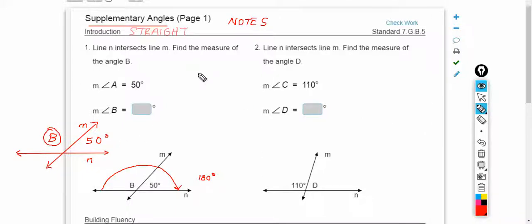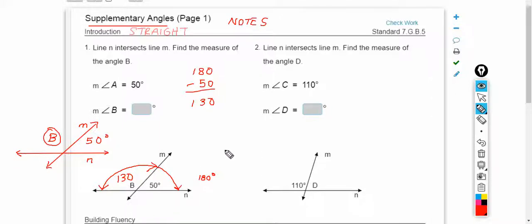Alright, so if we want to know how much this angle is right here, what we would do is take the full amount of the angle, which is 180 degrees, subtract the 50 degrees, and that would tell us that we have 130 degrees from here to here.